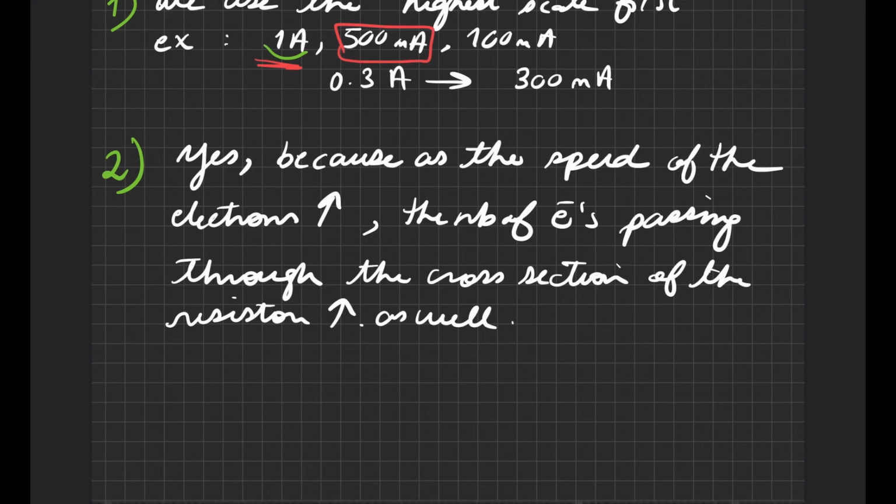Now, as the number of electrons passing increases, the value of I will increase as well. Okay?